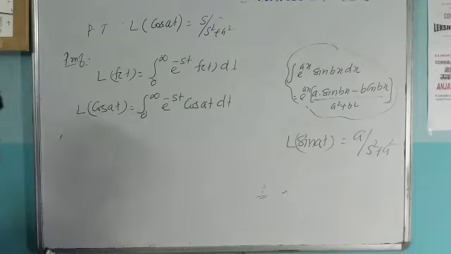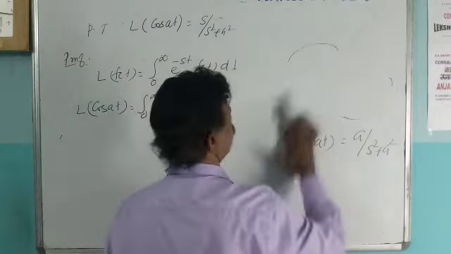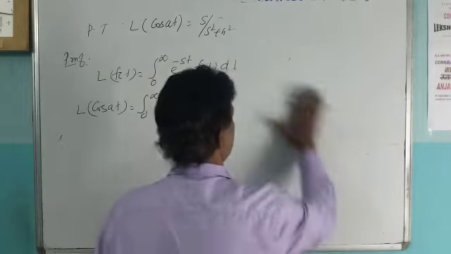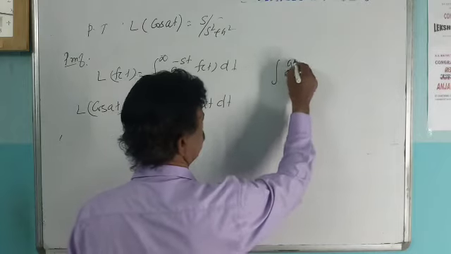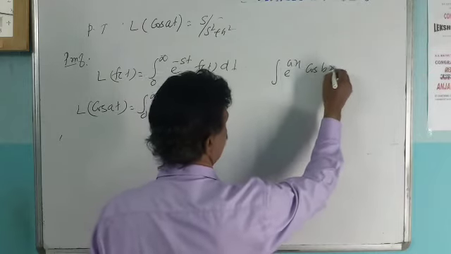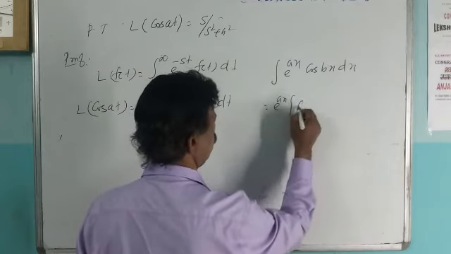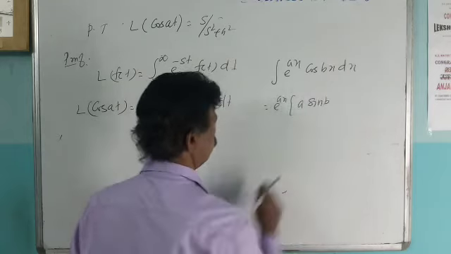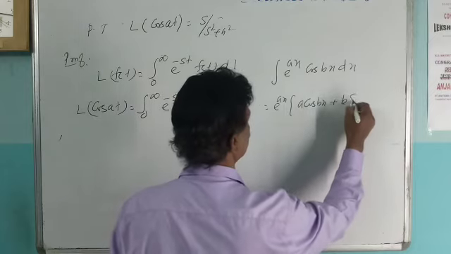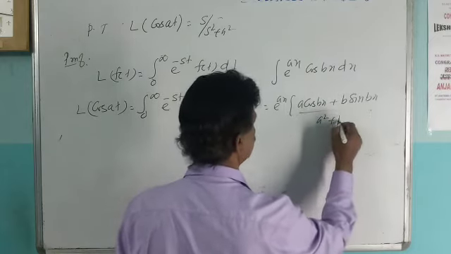Here also we can apply one formula: the integral of e raised to ax cos bx dx equals e raised to ax into a cos bx plus b sin bx divided by a square plus b square.